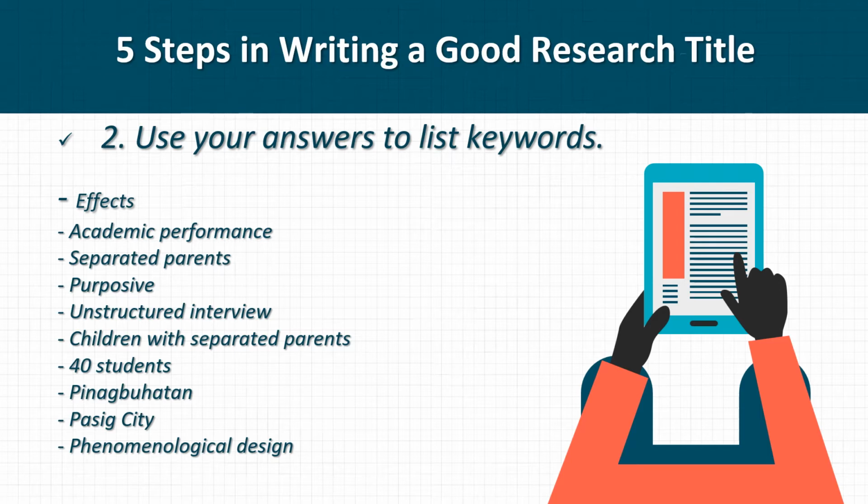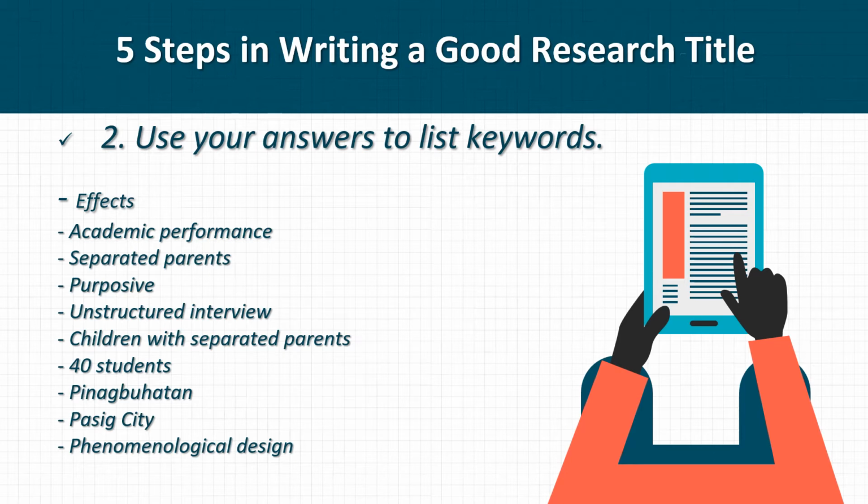These are the list of keywords or answers to the questions in step number 1 on our paper, which is something to do with the effects to children of the separation of parents. Okay, so we have here effects, academic performance, separated parents, purposive, unstructured interview, children with separated parents, 40 students, Pinagbuhatan, Pasig City, phenomenological design.